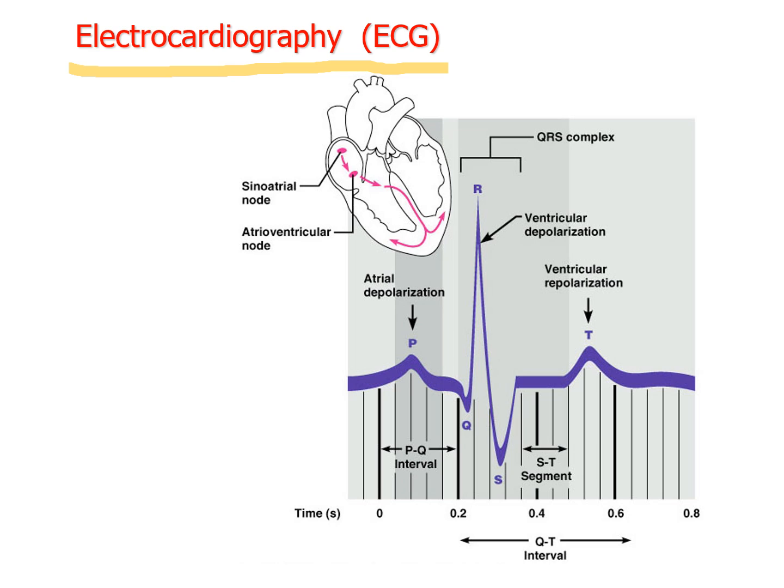Well, this single tracing here is called a normal sinus rhythm. It is made up of P, Q, R, S, and T. As shown here, you have a P wave, a QRS complex, and a T wave.